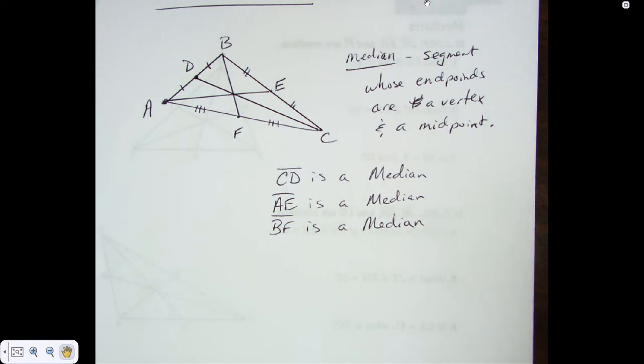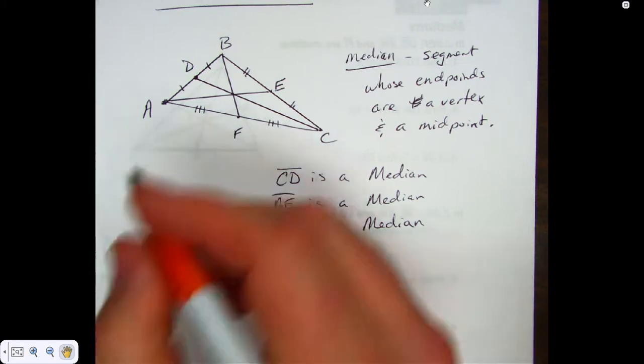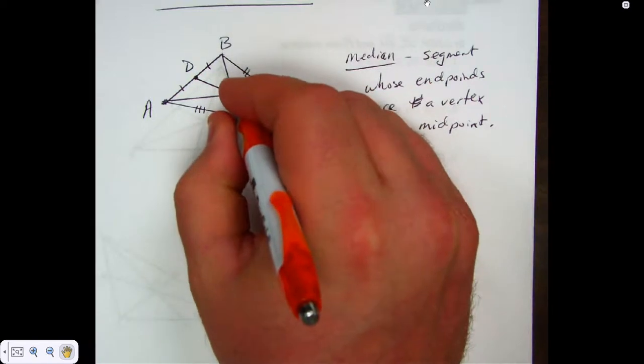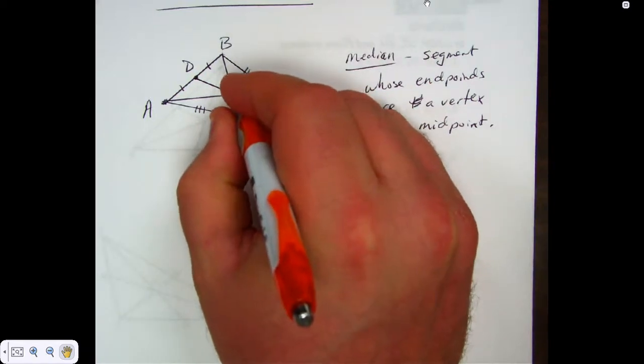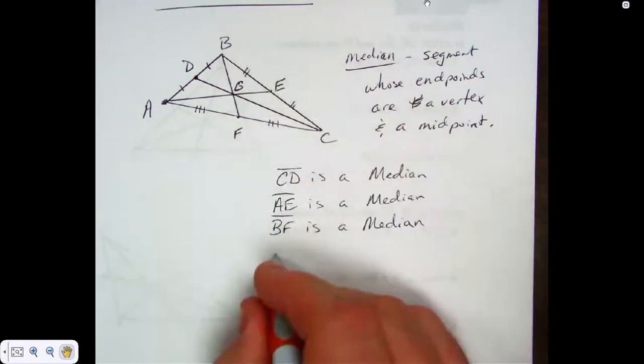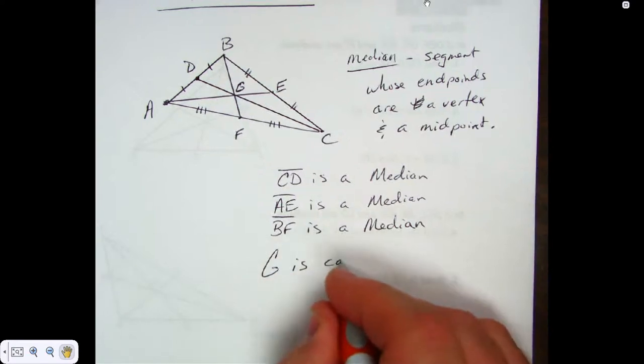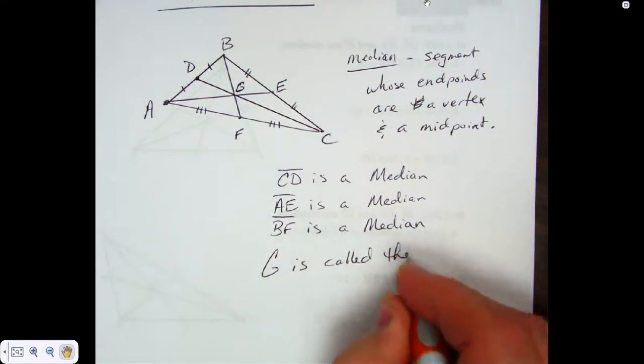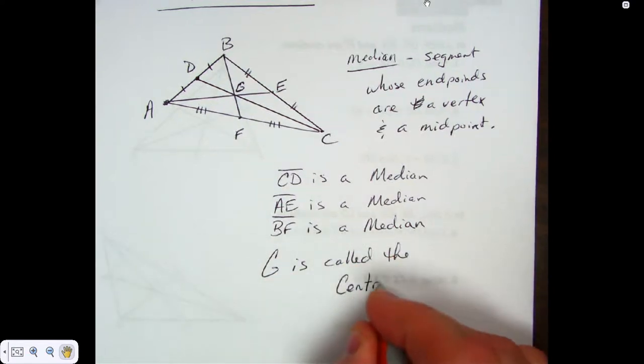How many medians can you draw in a triangle? 3. Now, EF, we'll call that G. G is called the centroid.